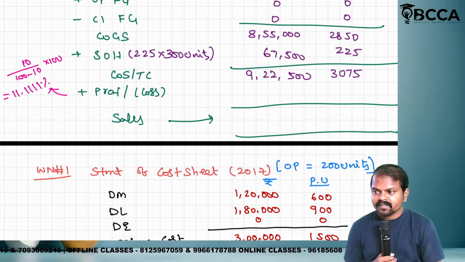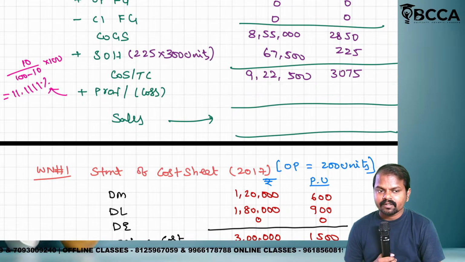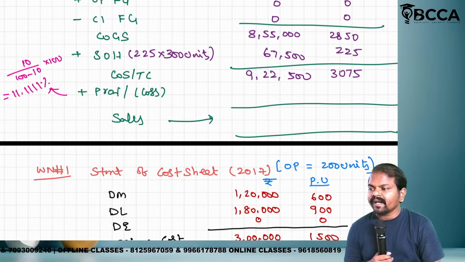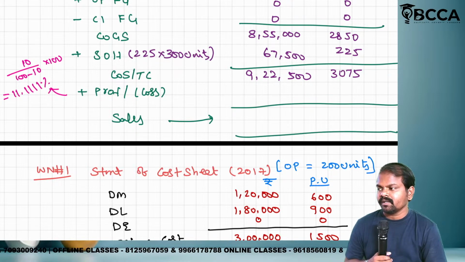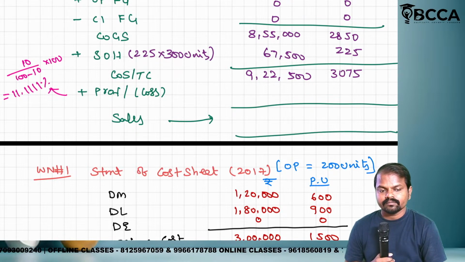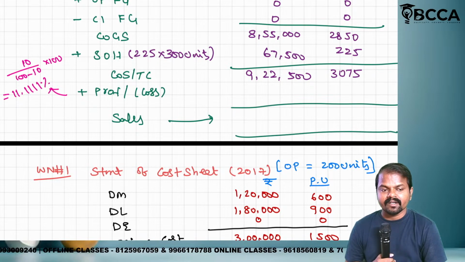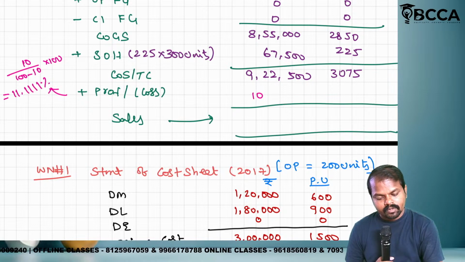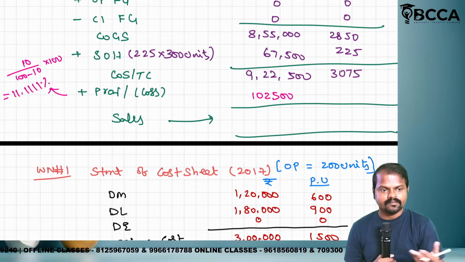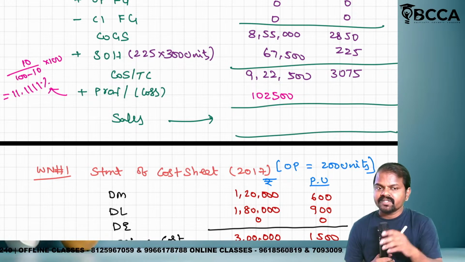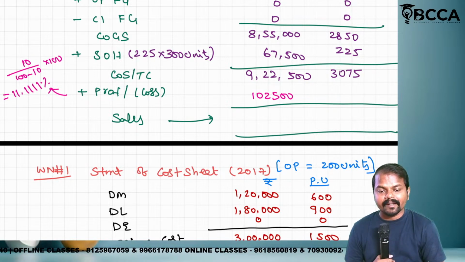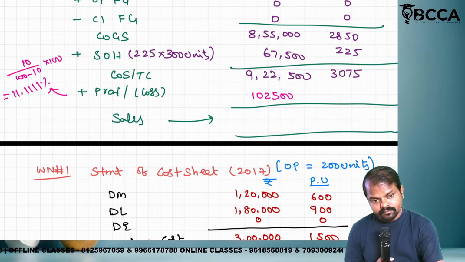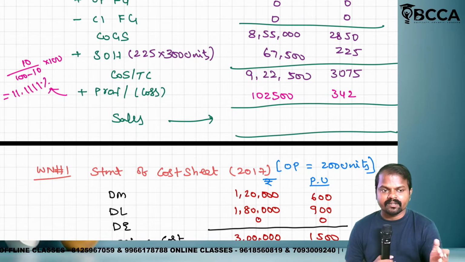Click the percentage symbol. 9,22,500 into 11.11111, percentage symbol. 102,499 is nothing but 102,500 approximately. Please take the calculator. 102,500 divided by 300. 340, 1 point something, 342.